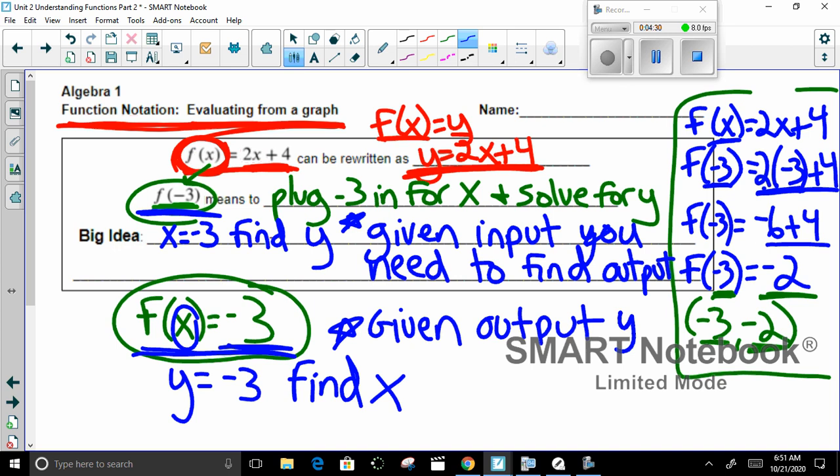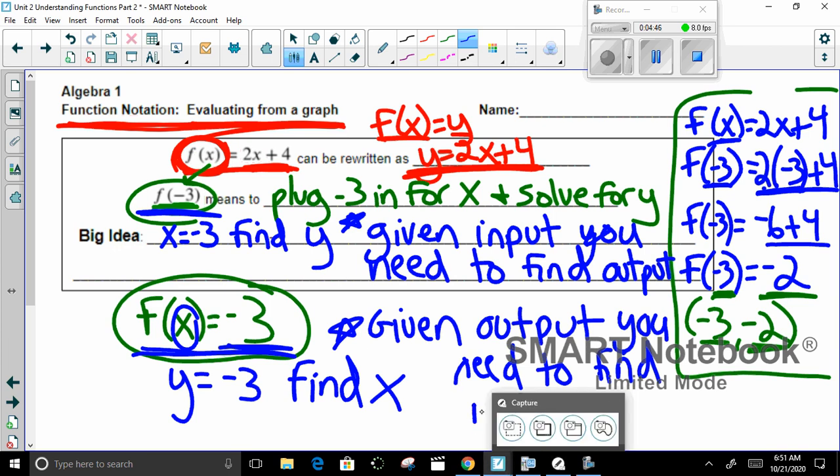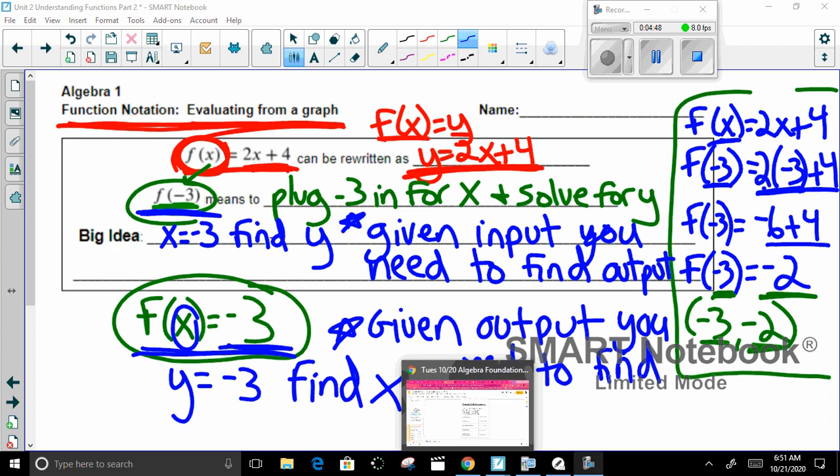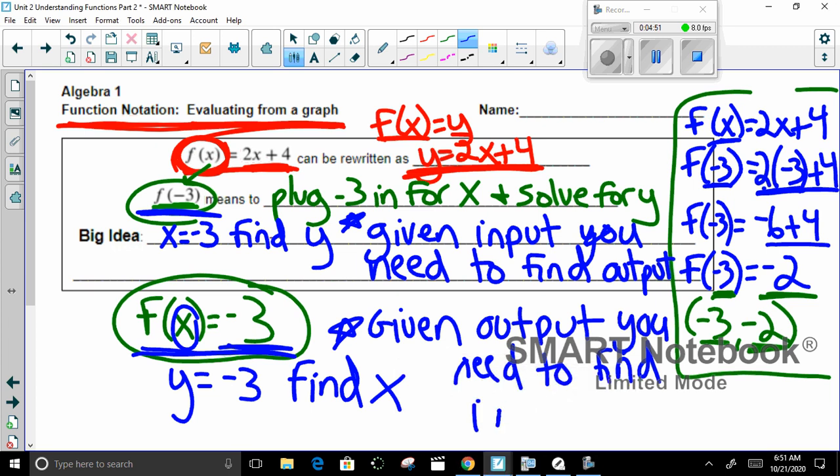You need to find the input. Sorry, my board is being pretty funky this morning. Okay, so that's pretty much our big main idea here.